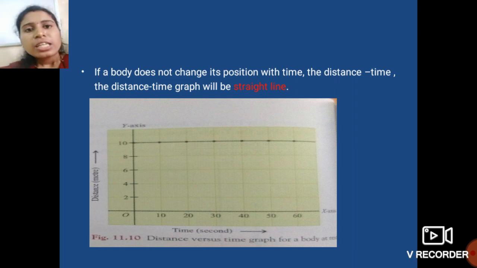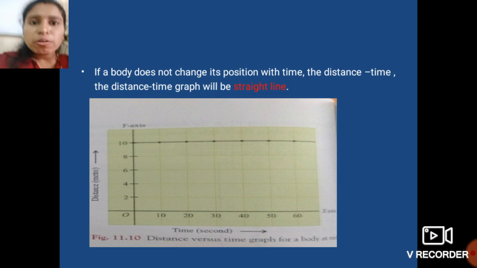In the previous session we saw that if the graph is a straight line, then we can say that the body is in uniform motion. So whenever the graph shows a straight line, we can say that the body is in uniform motion.